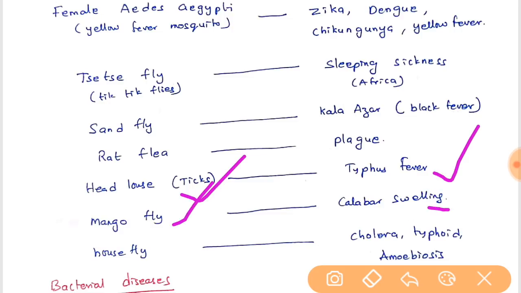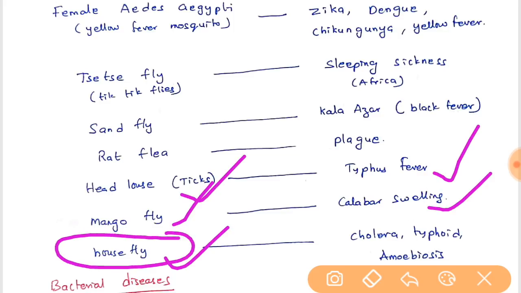Mango fly causes Calabar swelling. Housefly causes water-transmitted diseases, friends. These water-transmitted diseases can also be transferred through the housefly. That is, cholera, typhoid, amoebiasis are the diseases which are transferred through food and water.